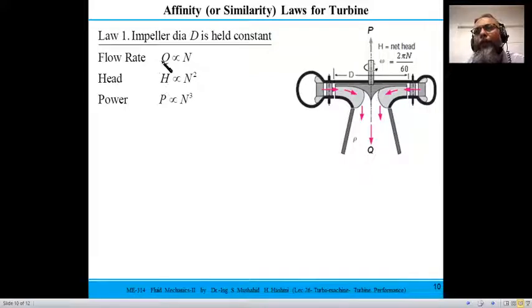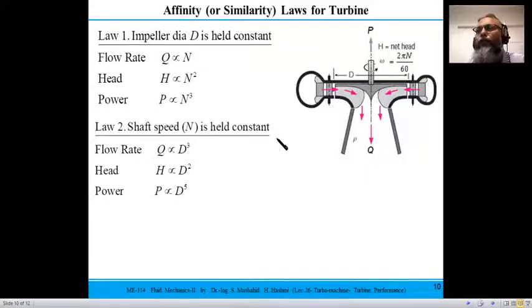Your turbine head is proportional to the square of the speed, and the power to the cube of that speed. The second law is, when your shaft speed is fixed, the flow rate is proportional to the cube of the diameter of an impeller, the head to the square of the diameter, and power similarly.